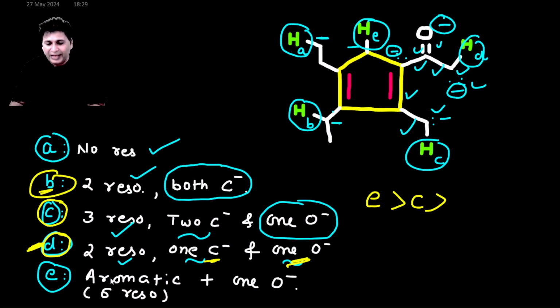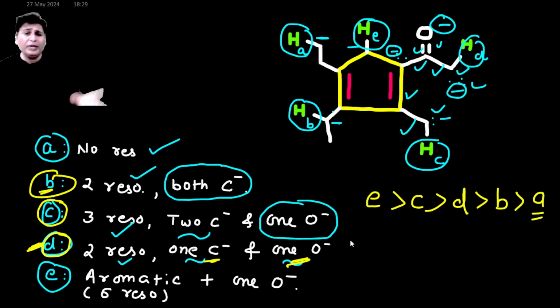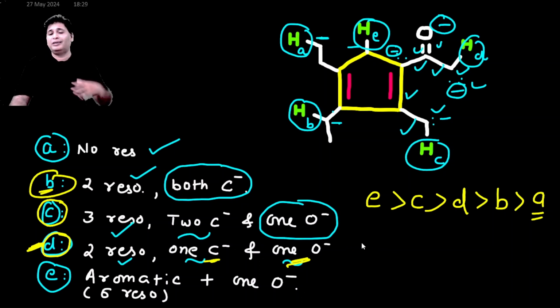Okay, so then will come D, and after D will come B, and finally A is the weakest one, because there the conjugation was not seen, the resonance was not there. So again it was a beautiful problem, full of fundamentals: the conjugation, the resonance, the aromatic behavior, the acidity concept, the stability of conjugate base, and that is what I am trying to do.